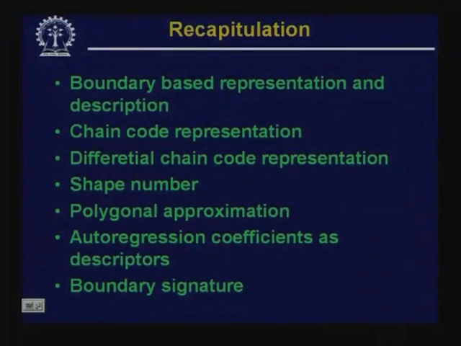So, to take care of its dependency on the scale as well as its dependency on rotation, what we have done is we have resampled the boundary points by placing grids of different sizes. The different scales of a region can be taken care of by placing grids of proper spacing, whereas to obtain the translation invariance, instead of taking the chain code itself, we can go for differential chain code.